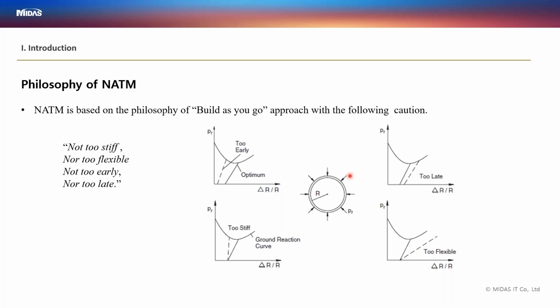The third is if your support is too stiff, which again leads to very little convergence of the tunnel, and you will get very high stresses in the tunnel lining, and there is a chance of breaks or cracks in the tunnel lining.